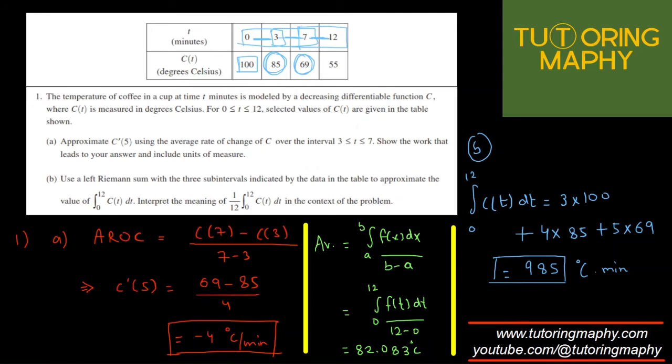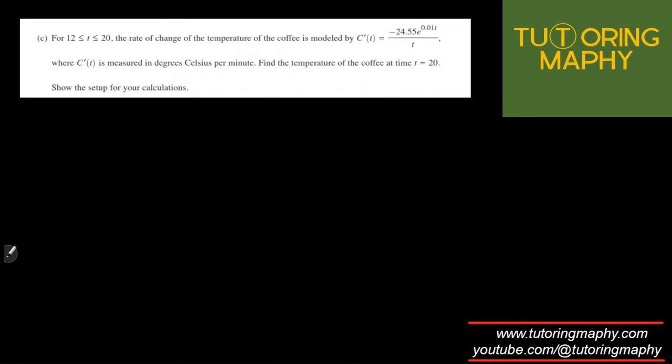If we go back, they have already given us the value of temperature at 12 minutes, which is 55 degrees Celsius. So I'm going to borrow that as the initial number because I know that at T equal to 12, the temperature C of T is 55.